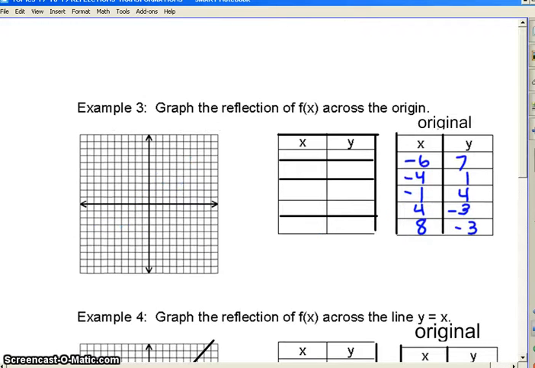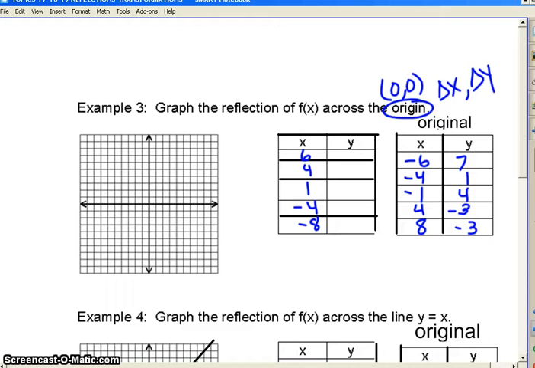In example 3, graph the reflection of the function f of x across the origin. Okay, the origin is at 0, 0. And to reflect across the origin, we're going to change x and we're going to change y. We're going to change both of those. All right, if we change all of the x's, those are going to become positive 6, positive 4, positive 1, negative 4, negative 8.